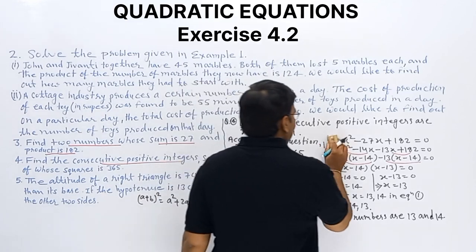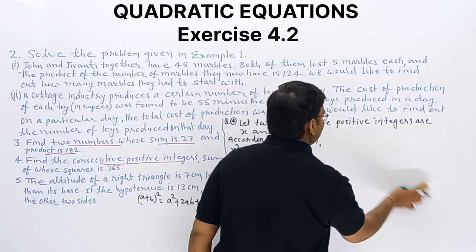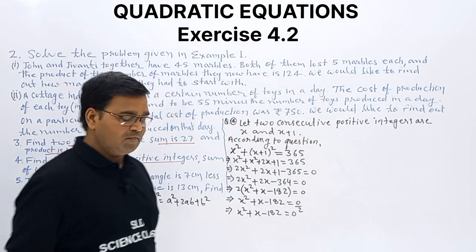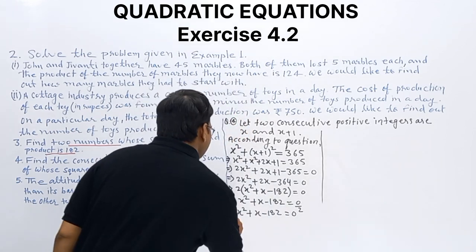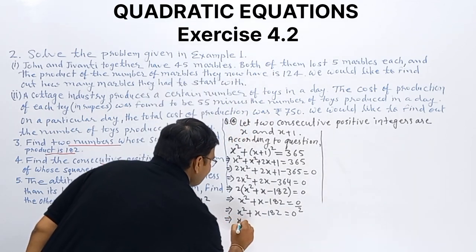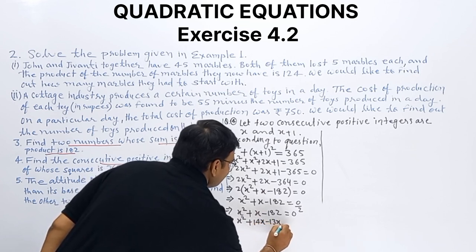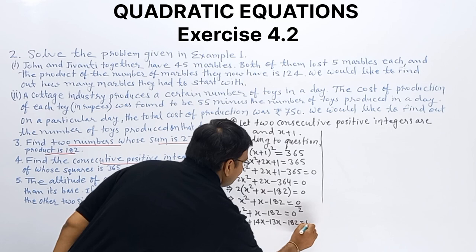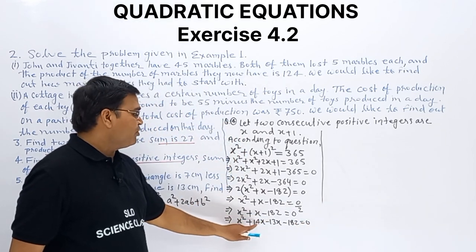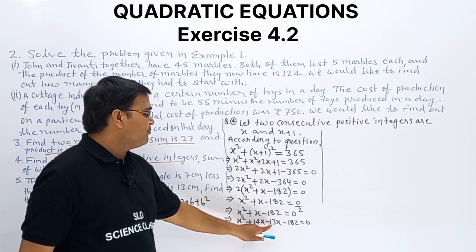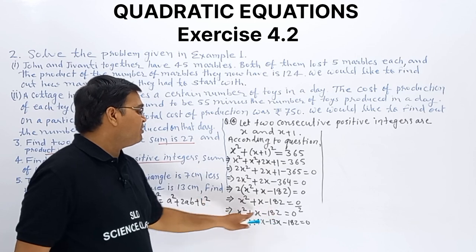Now we will factorize. Observe, what are its two factors? x square plus 14x minus 13x minus 182 equal to 0. Observe, 14x minus 13x will be x, and when we multiply 14x and minus 13x, we get minus 182 x square.